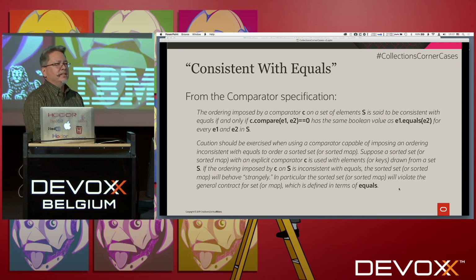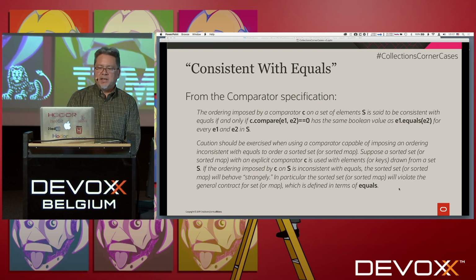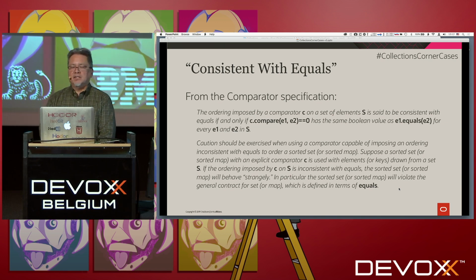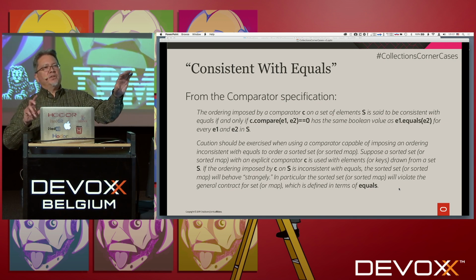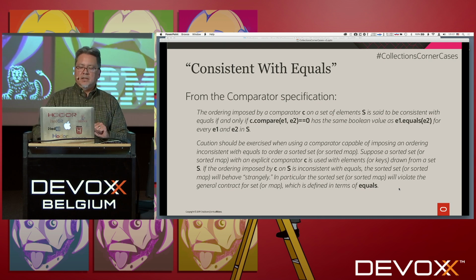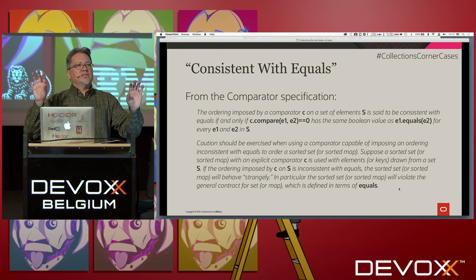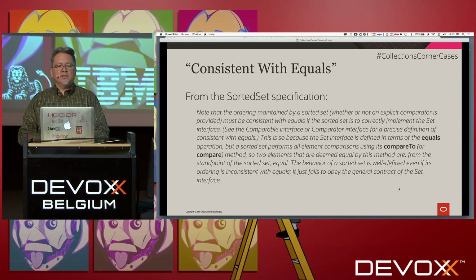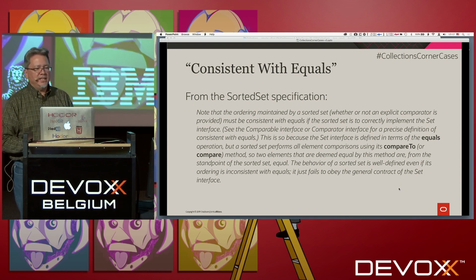I have to say, this is a remarkably obtuse piece of the specification, and I have some ideas for how to fix this. But really what this means is that there's a difference between comparison returning 0 and equals. Those are different, and if they're not consistent, then we can see some strange effects, as we'll see in a moment. Now, let's look at the sorted set specification and see if it can shed any light on this.